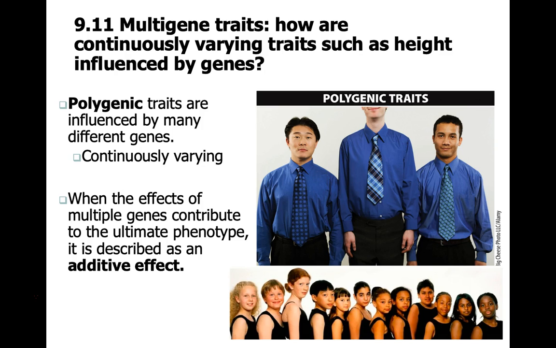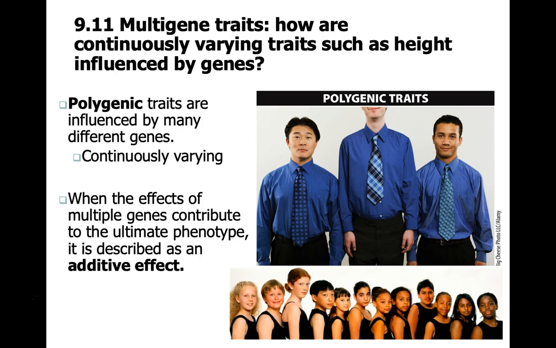Whether we're talking about hair color or even eye color, height, skin color, even to some extent weight or the general build of your body, these are all additive effects that contribute to the phenotype. So an individual who is shorter is going to have more short genes and fewer tall genes.